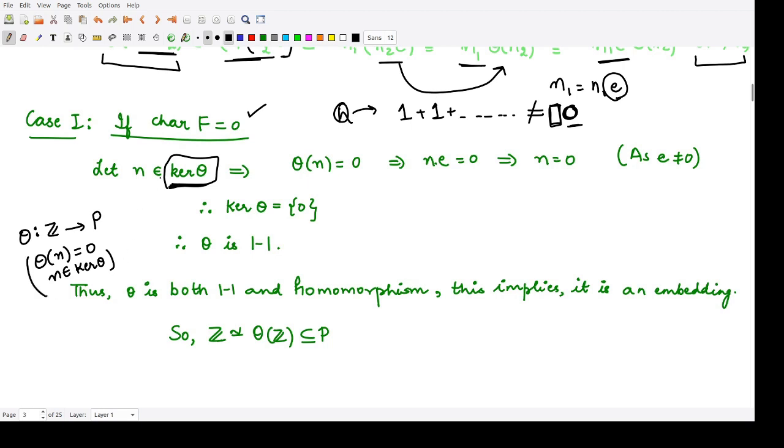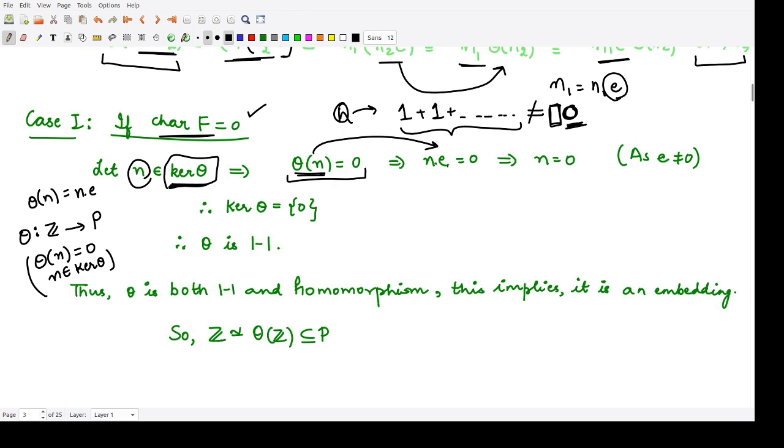Now we assume that this n belongs to the kernel of theta. So that means theta of n is equal to 0 by definition of the kernel. And what is theta of n? We have defined theta of n to be n times e. Because the characteristic of F is equal to 0, you cannot add 1 to obtain 0.